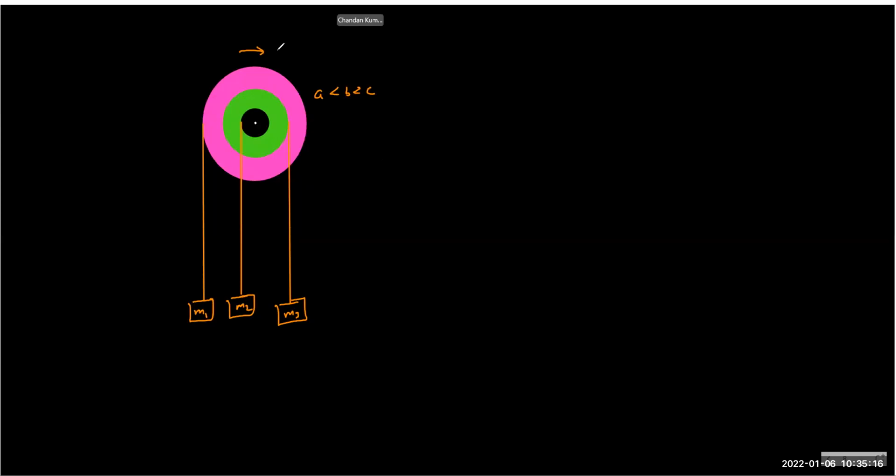Now, if it is turning clockwise, then how will M1 move, up or down? Up. M1 goes up, correct. And what will be the velocity?